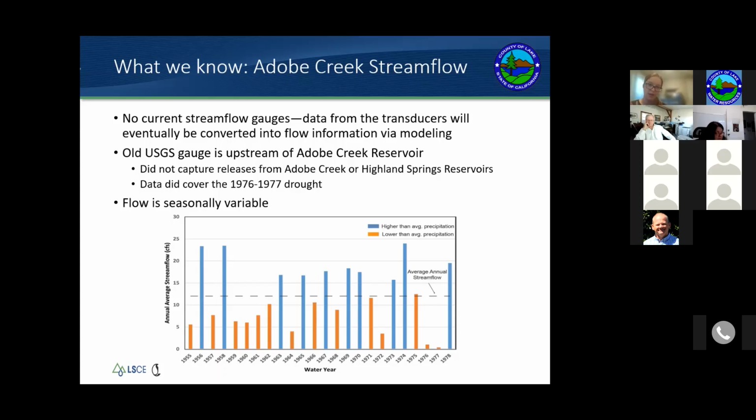With higher than average precipitation, you get flows around 20 CFS, and you can get much lower flows in dry years, more around 5 CFS. But the average stream flow, I didn't write it in here, is around 11 CFS at this upstream gauge.